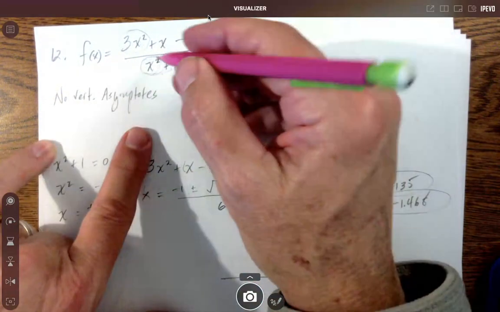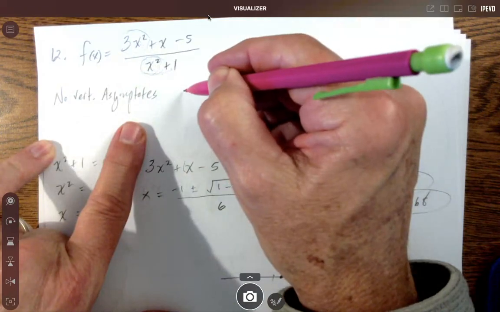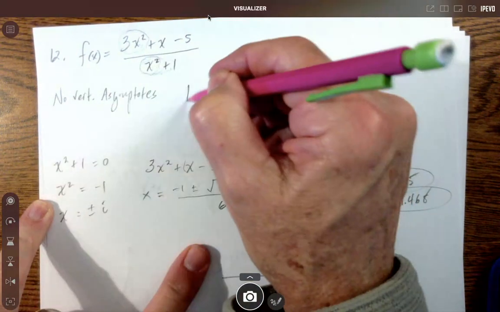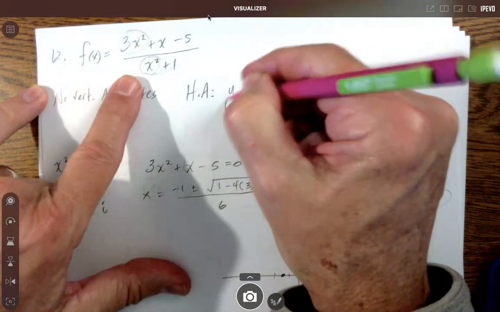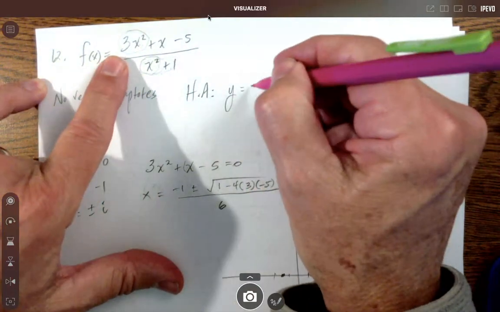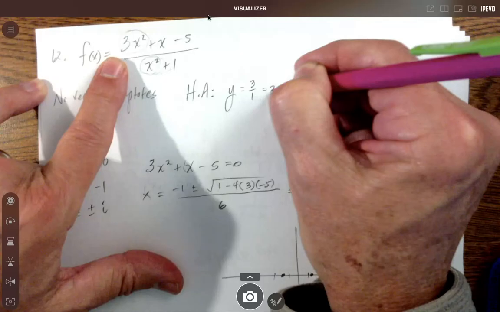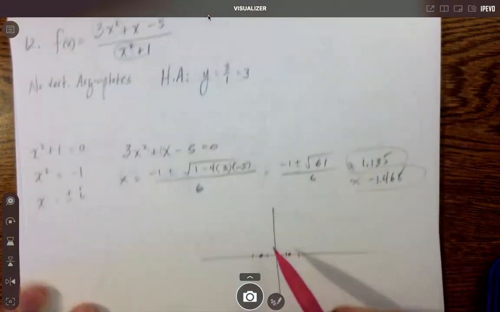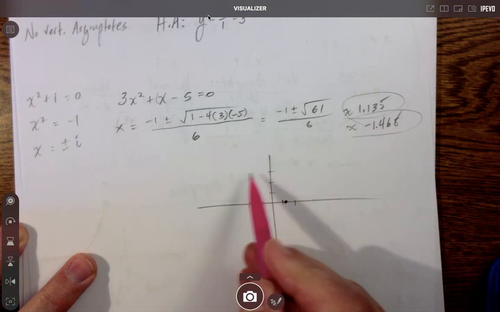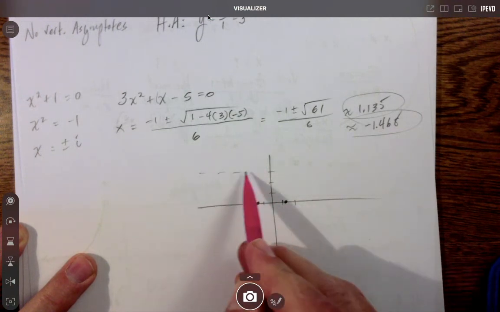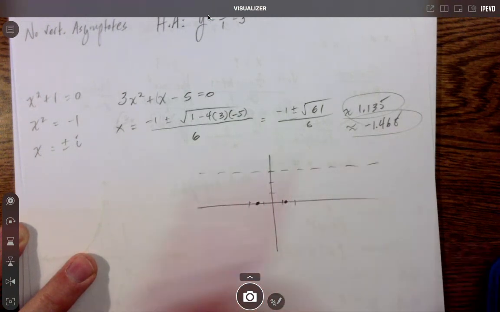So that means the horizontal asymptote is going to be y equals 3 over 1, or just 3. So I know that on my graph, if I go up here to 1, 2, 3, there is a horizontal asymptote, like that.